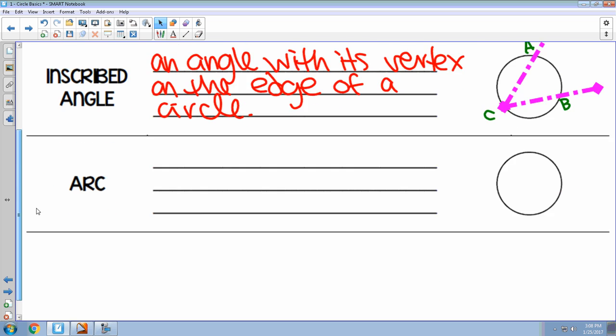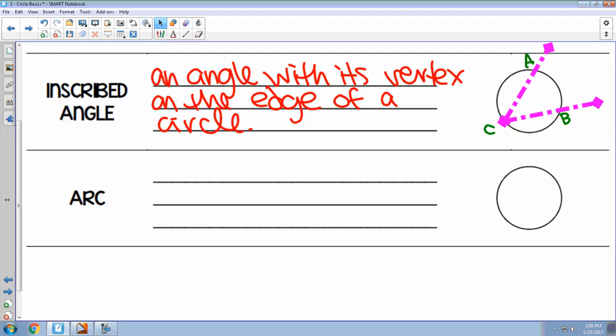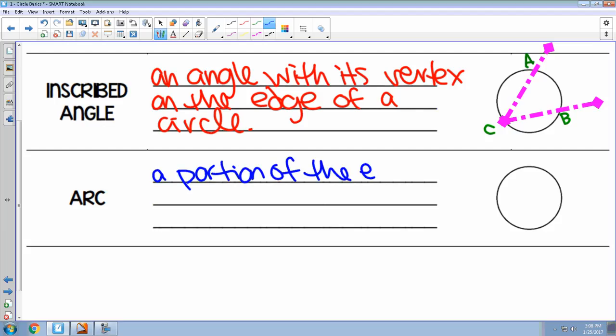Okay, switching over to arcs then. An arc is a portion of the edge of a circle with two endpoints.